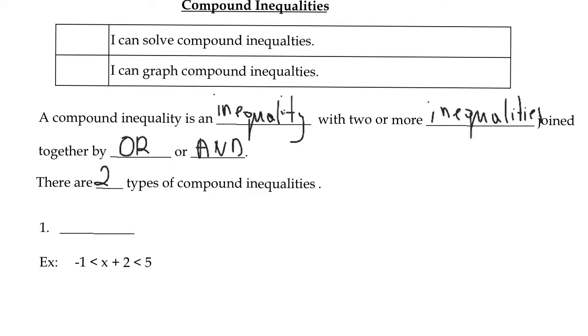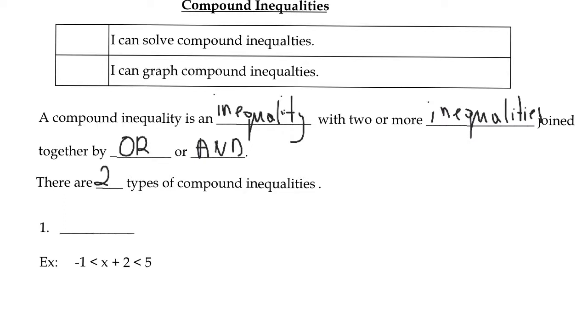So let's take a look at example number 1. Okay, the example we gave you, we have -1 is less than x plus 2 and is less than 5. This is a little bit different than what we learned in Unit 1, because in Unit 1 we only had the less symbol listed once. So in this case, how else can we read this?